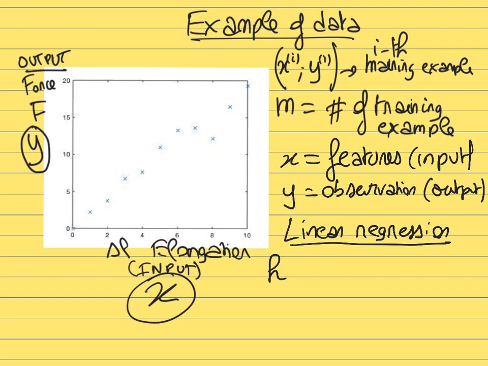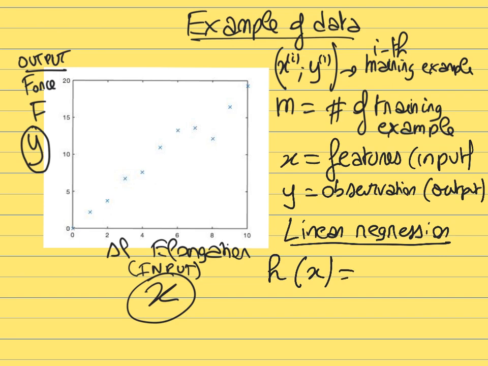The role of this hypothesis is to map X. X is the input, the feature. This is what you know. It is going to convert it into H of X, which is what the model thinks the value of Y should be as a function of X.